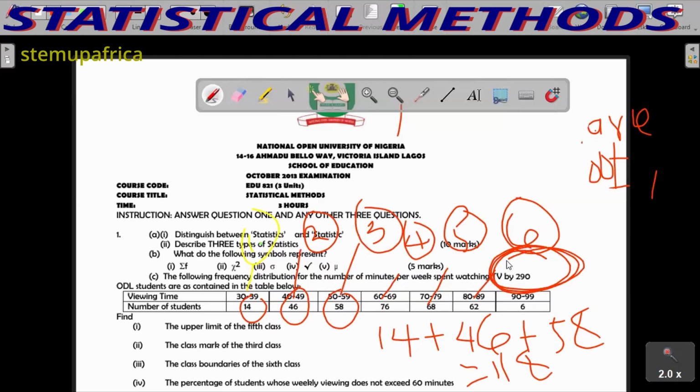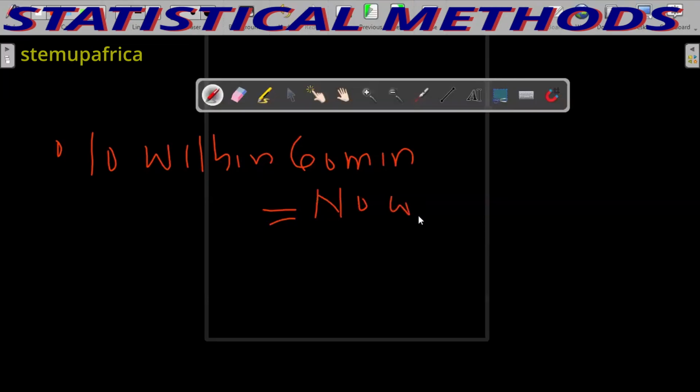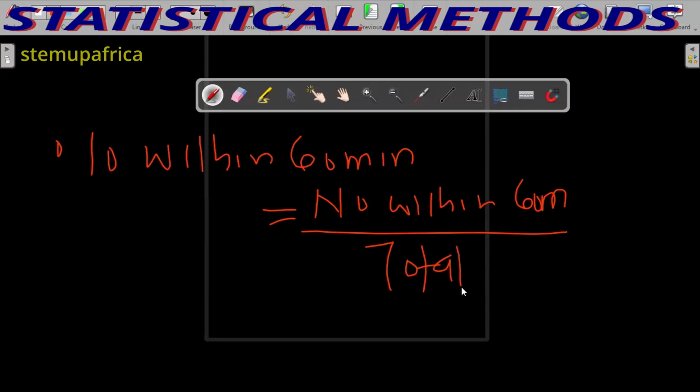So the percentage within 60 minutes will be the number within 60 minutes over the total, times 100 over 1.